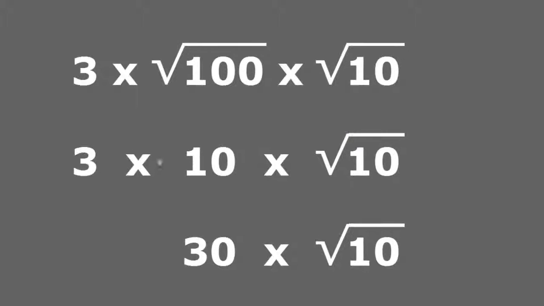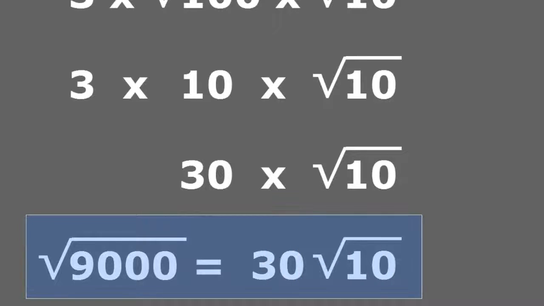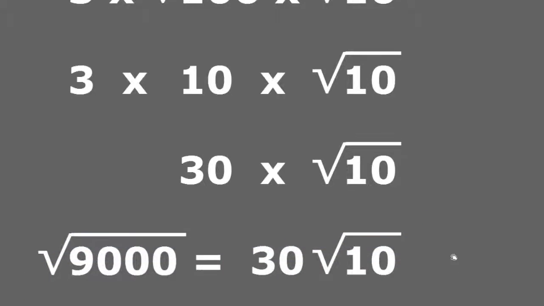And what I can do now is multiply the number 3 times the number 10, and I get 30. So at the end, I do not have to write the multiplication sign, and I can just simply say that the square root of 9,000 equals 30 multiplied by the square root of 10. The square root of 9,000 simplifies to 30 times the square root of 10.